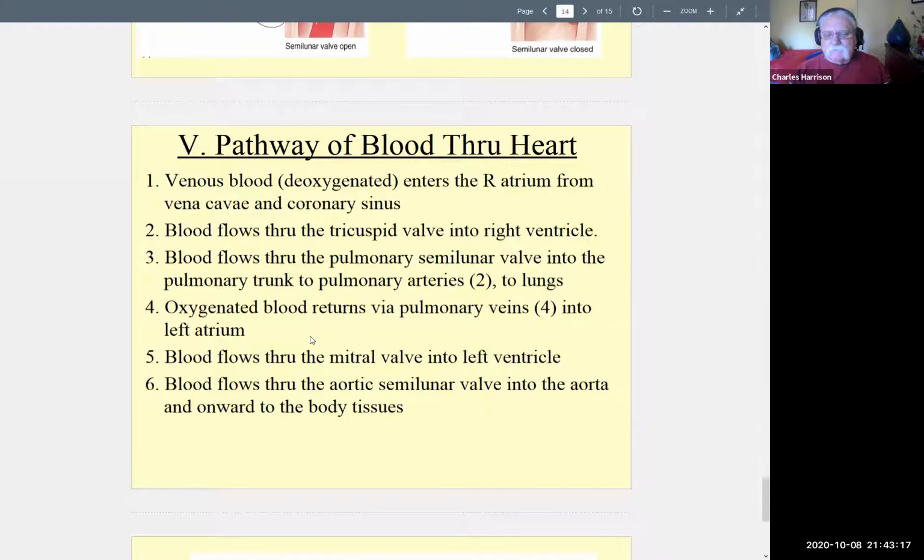And from there, blood flows through the mitral valve into the left ventricle, and from there through the aortic semilunar valve. It goes up to the aortic arch, where it gets a chance to go to the head region or to the lower part of the body. In either case, it exchanges oxygen or gases at the tissue level.